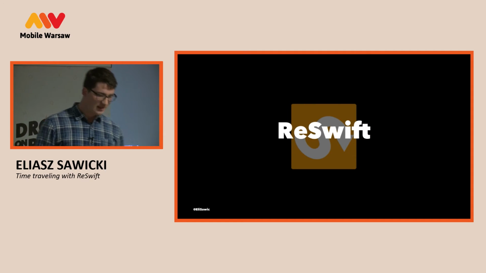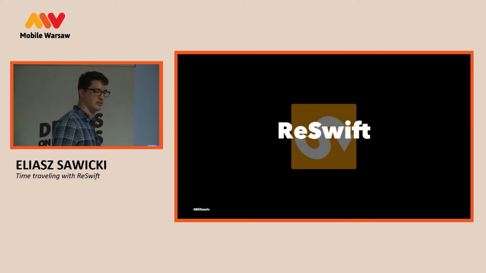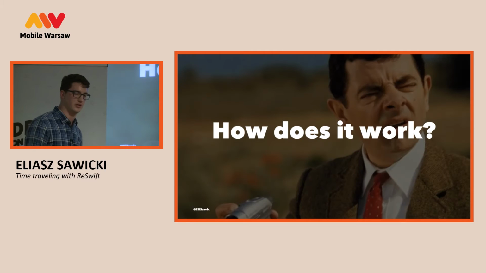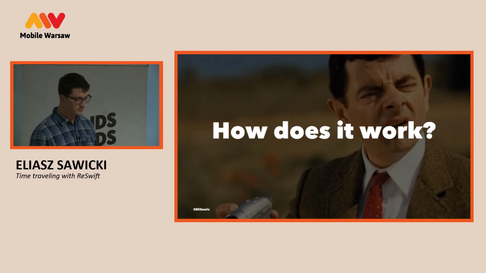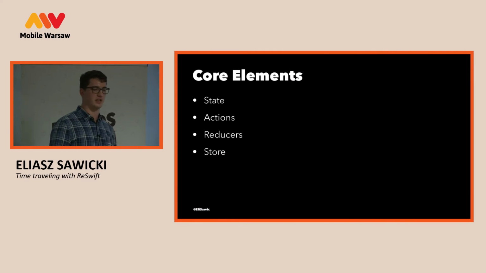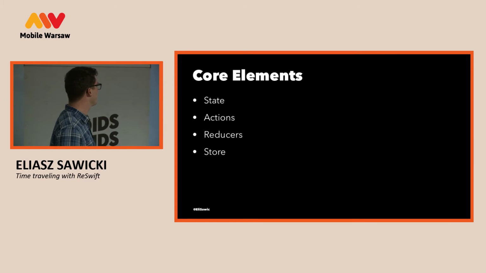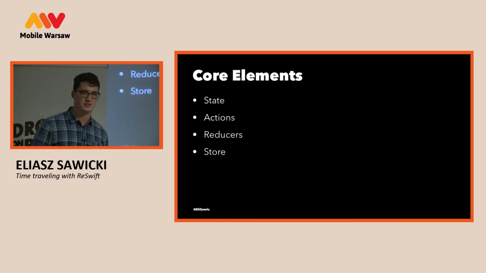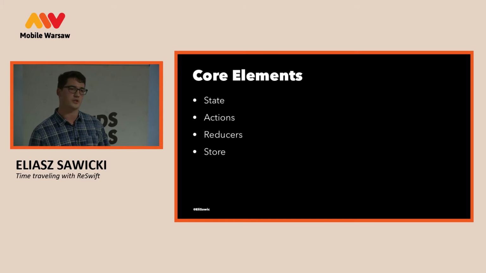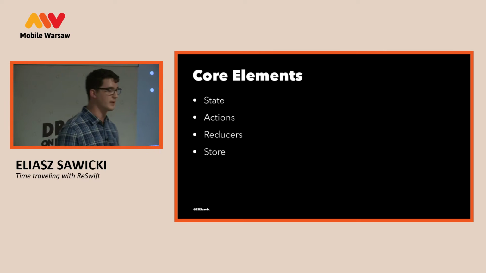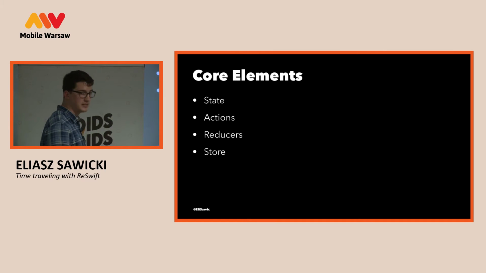So let's take a look at how it actually works in our application. So basically, when we are talking about ReSwift, there are 4 core elements that I think we should know about and understand in order to use it properly. So the first thing is state.